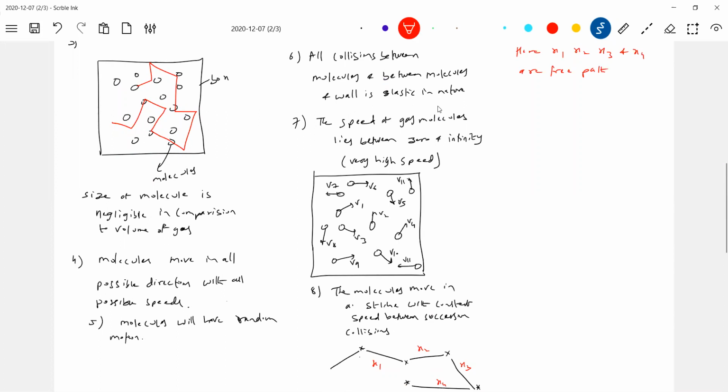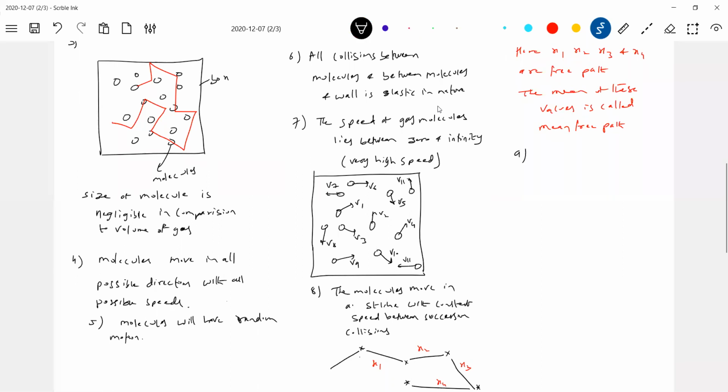Free path in the sense they'll move without collision. It will be very small. I'll take the mean of these values. It is called the mean free path. Okay, there is an important parameter which is going to help us here.